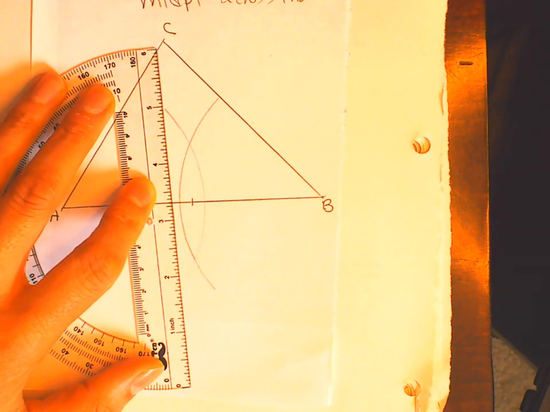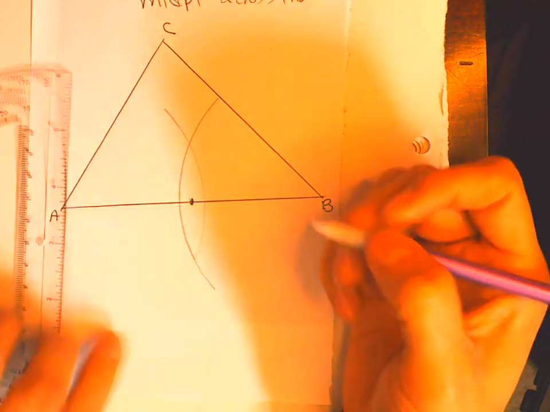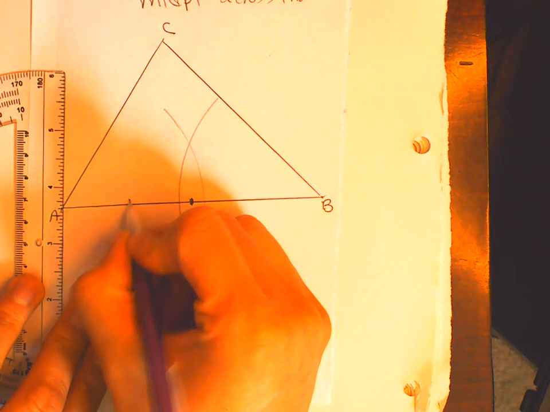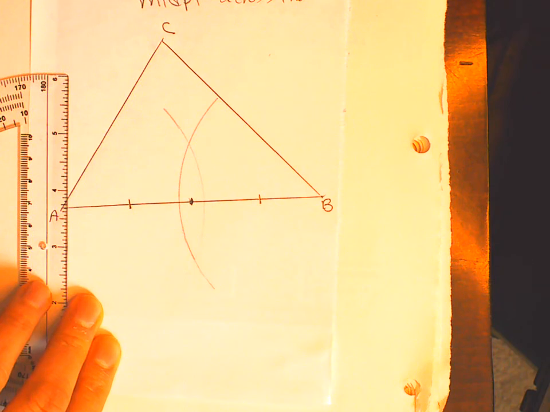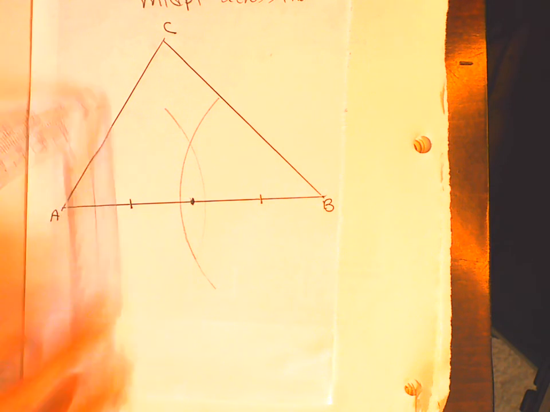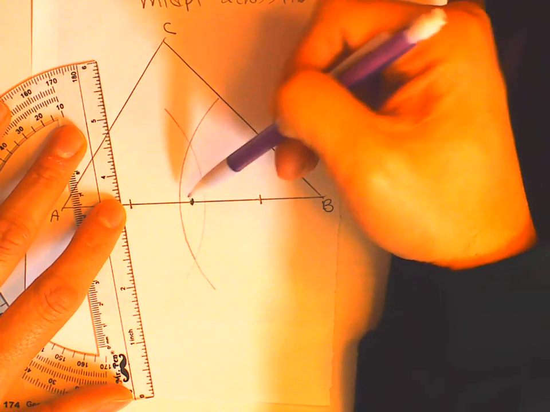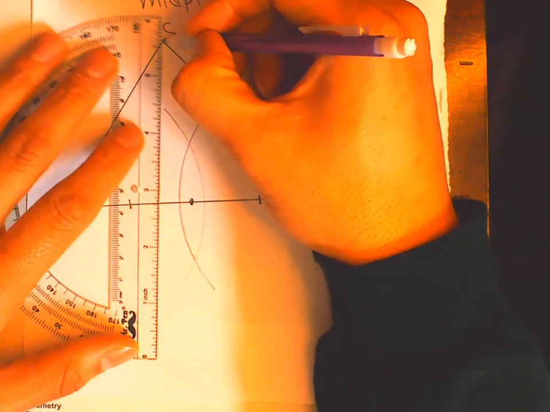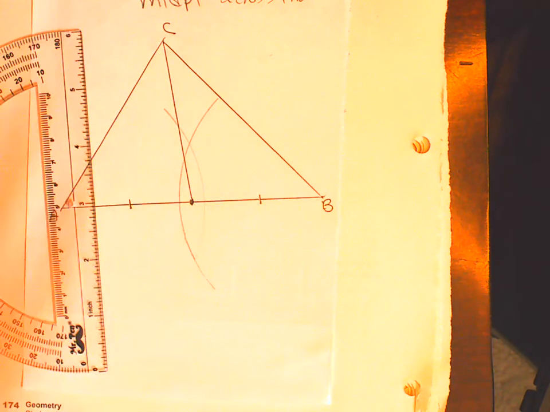That's it. That point right there is the midpoint. That midpoint breaks this into 2 congruent pieces. Now I'm going to create a segment from the vertex to the midpoint across it, so from here to here. Boom. There's my first median.